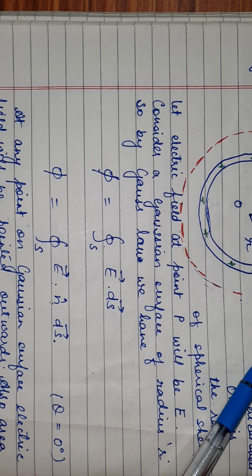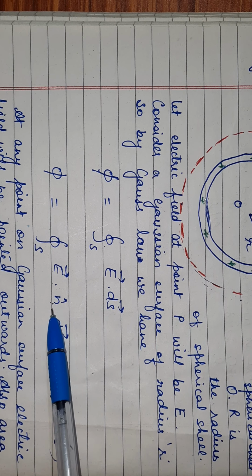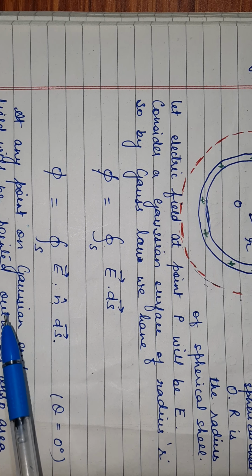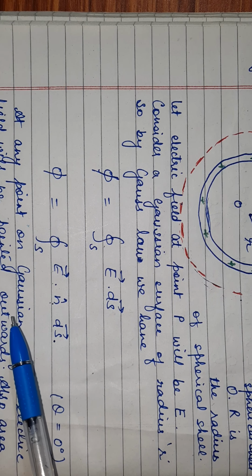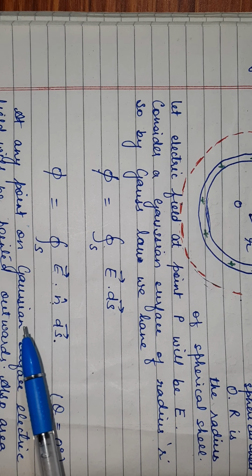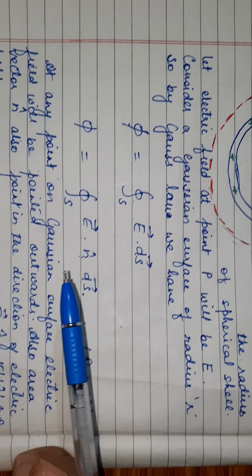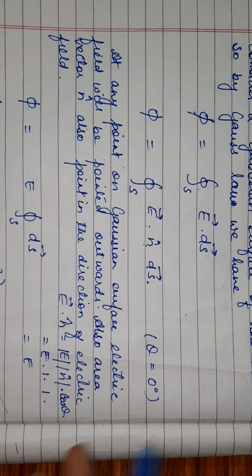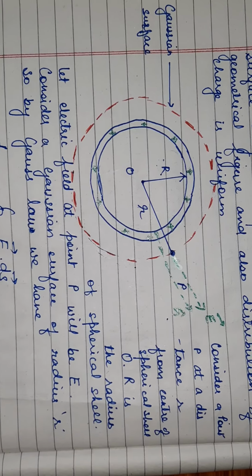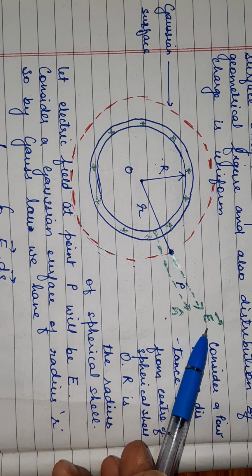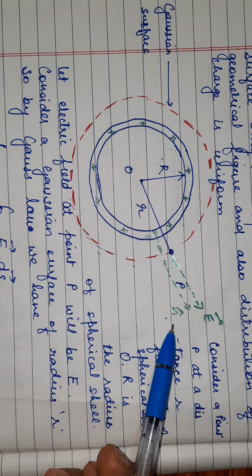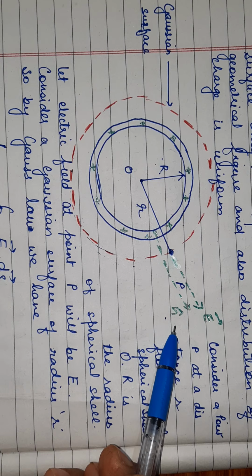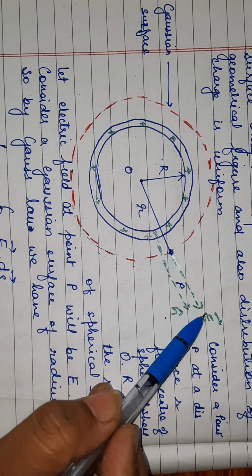At any point on the Gaussian surface, the electric field will be pointed outward. Also the area vector, this area vector n, is also in the direction of the electric field. So what will be E dot n? E dot n will be modulus of E, modulus of n, cos theta. Now in this diagram you can see that the electric field vector and the area vector are along the same direction.